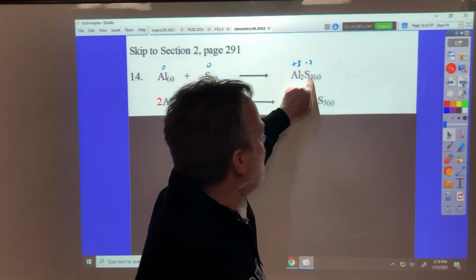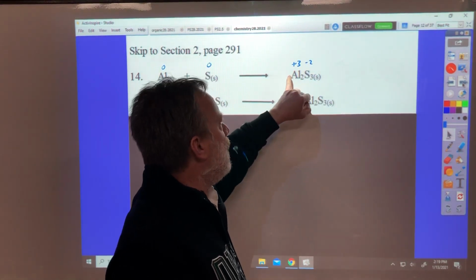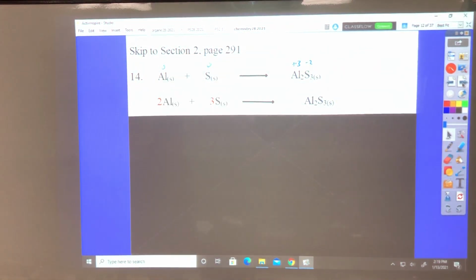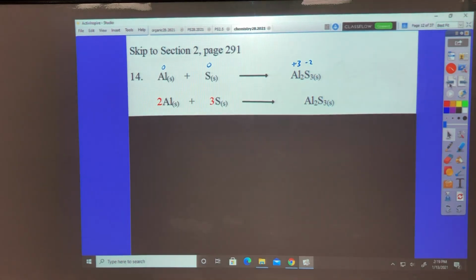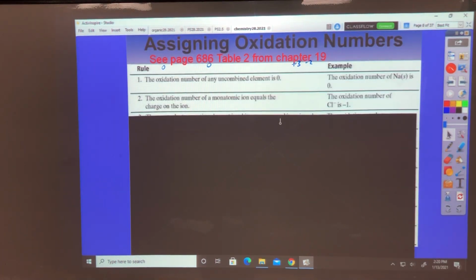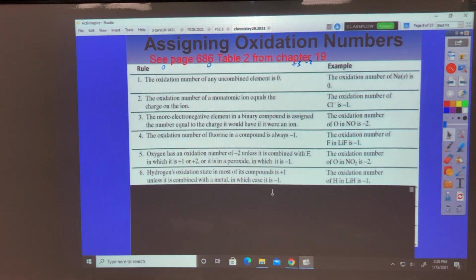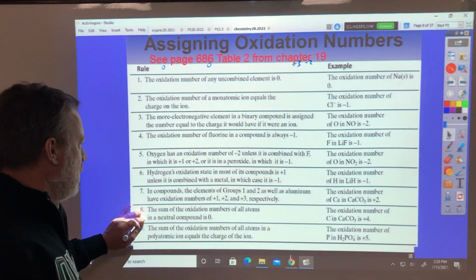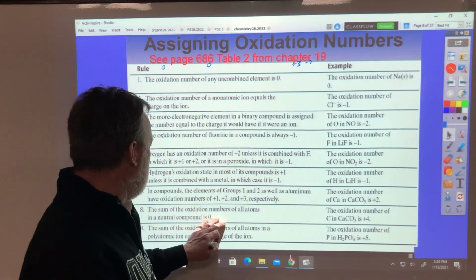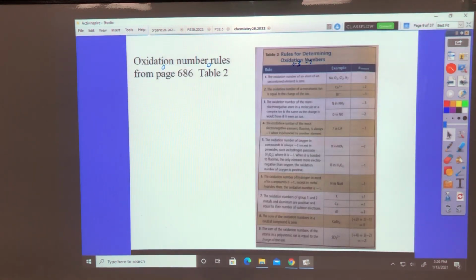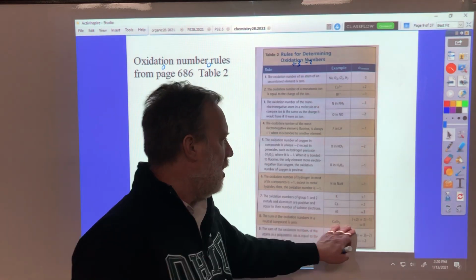So minus 2 minus 2 minus 2 is minus 6, plus 6 from the aluminum. Together, in the compound, they are adding up to 0, which I think is rule 7. Rule 8: sum of the oxidation numbers of all atoms in a neutral compound is 0. Same here. Sum of the oxidation numbers in a neutral compound is 0.